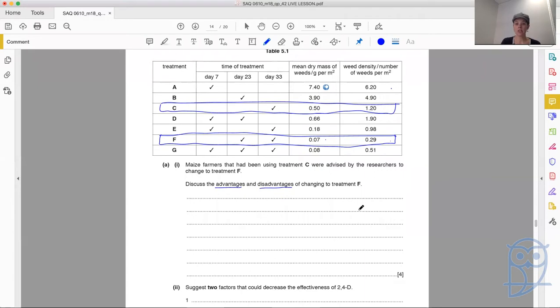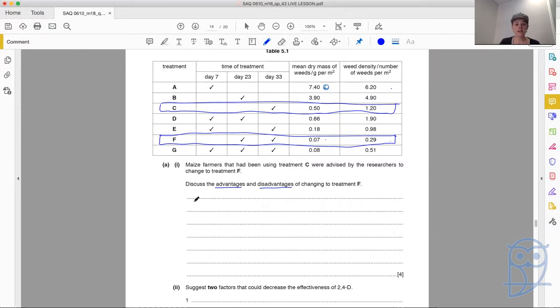So we can't just look at the positives, we can't just look at the negatives, we need to consider both. So set out and do it sort of systematically, okay? That you're going to use advantages of and then disadvantages of. Have a plan to answer this question.